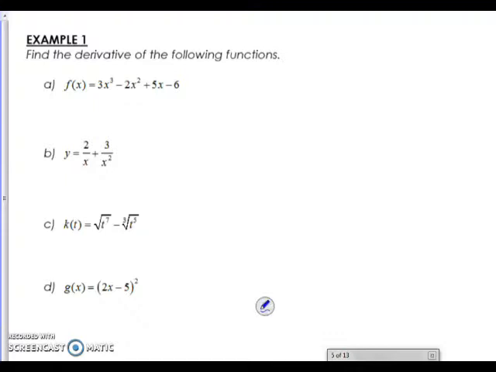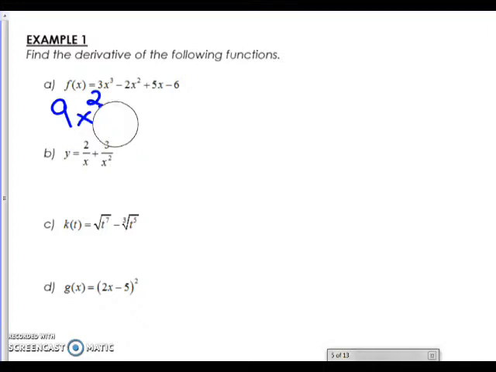Well, if I was looking just at this blue part right there, if I want to take the derivative of that, what I do is I multiply 3 by 3, and I get 9. I copy the variable, which was x. I reduce the exponent by 1. That's it for that term. Now you go to the next piece. So I multiply the exponent by the leading coefficient, so it's minus 4.